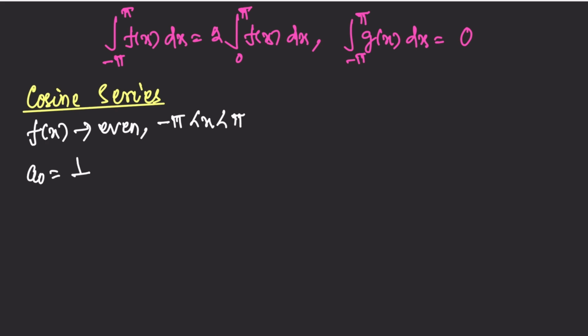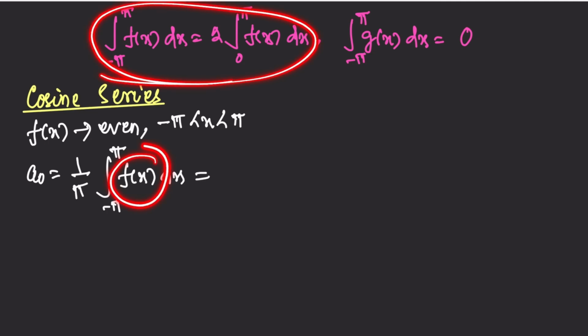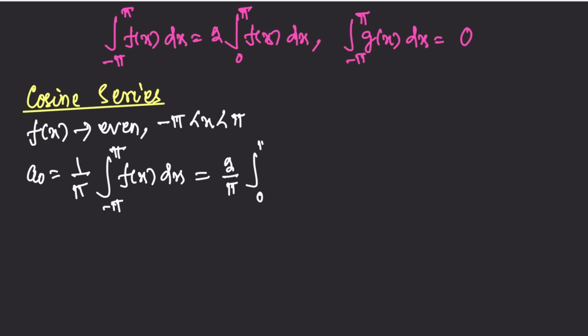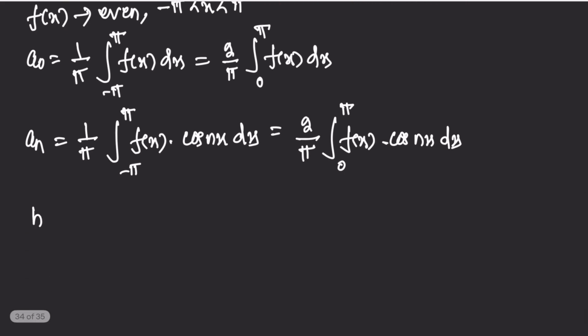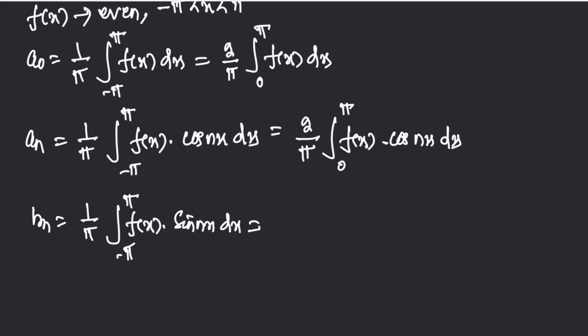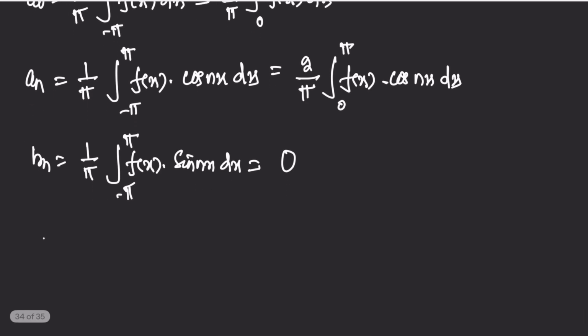In this case, a0 is, since f of x is an even function, the integration becomes... an is, here f of x is even, cosine x is even, so the product of two even functions is even, so the integration becomes... bn is, here f of x is even, sin nx is odd, the product of even and odd is odd, so the integration becomes 0.